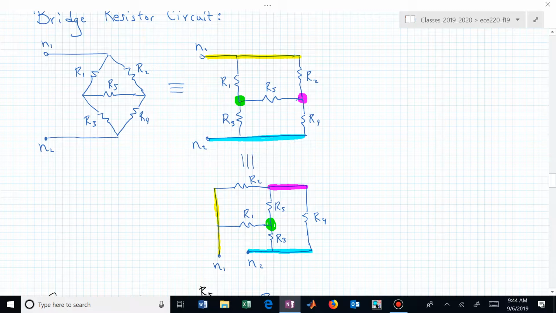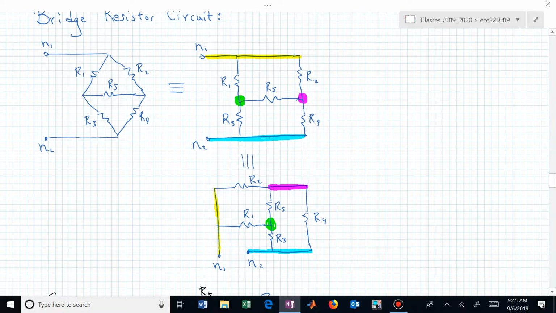So the last one might be a little confusing, but you want to get comfortable with seeing it in that way, because somebody might interconnect a circuit like that and you go, well, that's just this bridge network. And then maybe the bridge looks a little bit more intuitive to you.